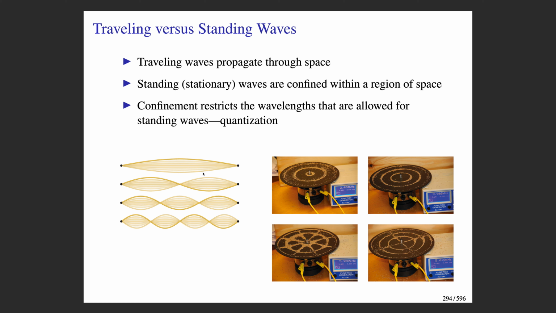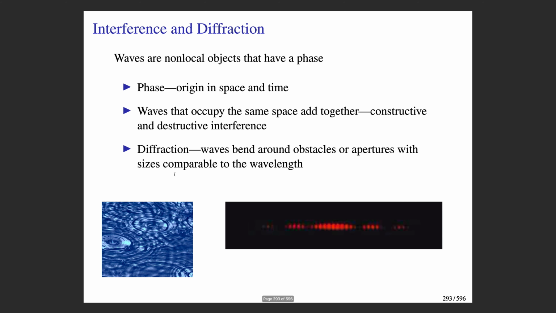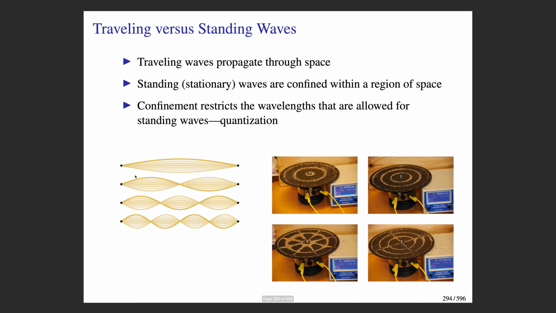The next shortest wavelength that fits between these two posts has a wavelength that's equal to the distance between the two posts. If the wavelength is between this wavelength and that wavelength, that wave would not survive along the string. Eventually it would destroy itself through destructive interference.